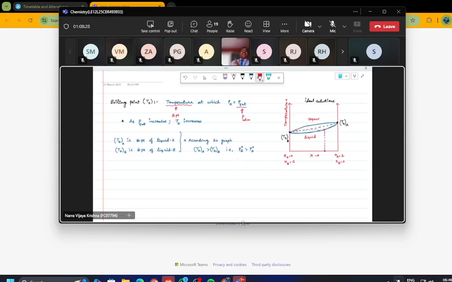Reason: the temperature of the vapor should be the same as the temperature of the liquid. So the composition of vapor at that temperature must be equal to this, or not? For your convenience and understanding, I am increasing the slope of that curve, so that you will understand more easily.